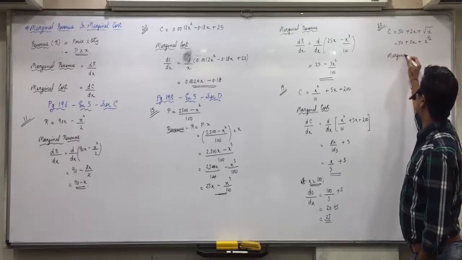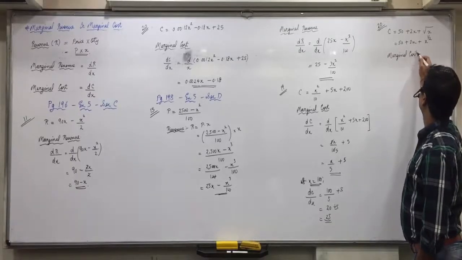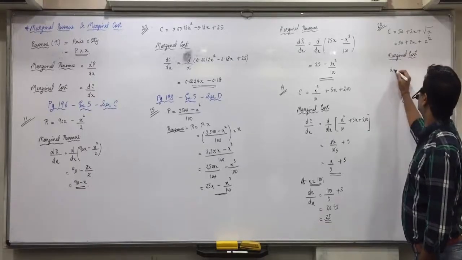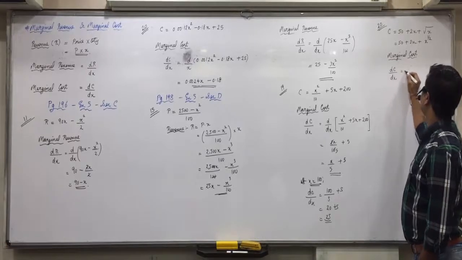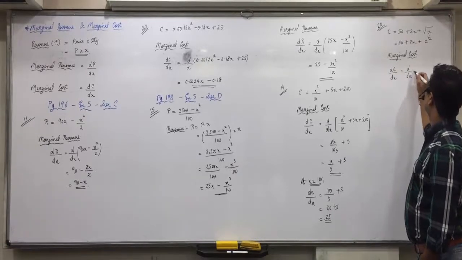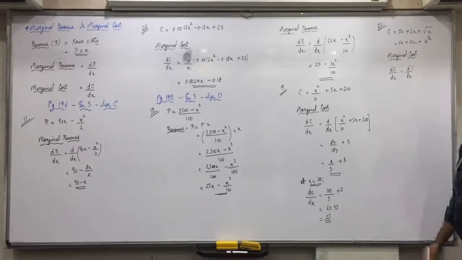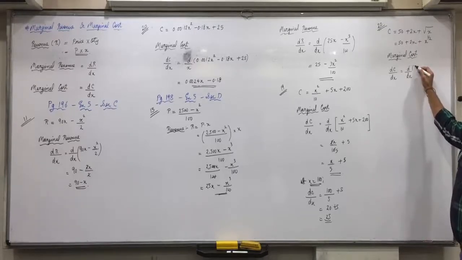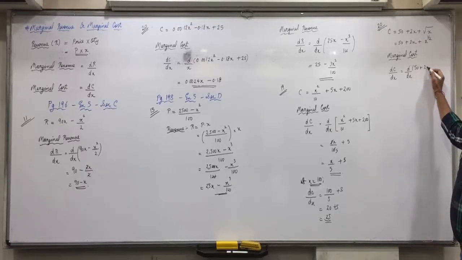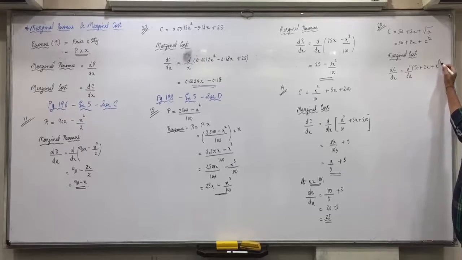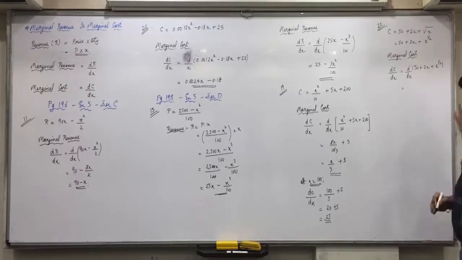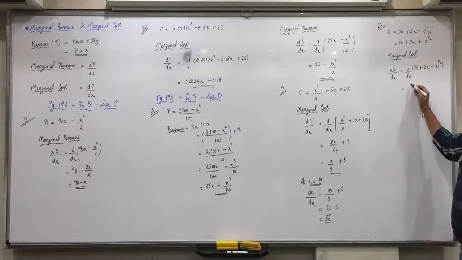Now, marginal cost dc upon dx, d upon dx of 50 plus 2x plus x raised to half. 50 becomes 0, 2x becomes 2.